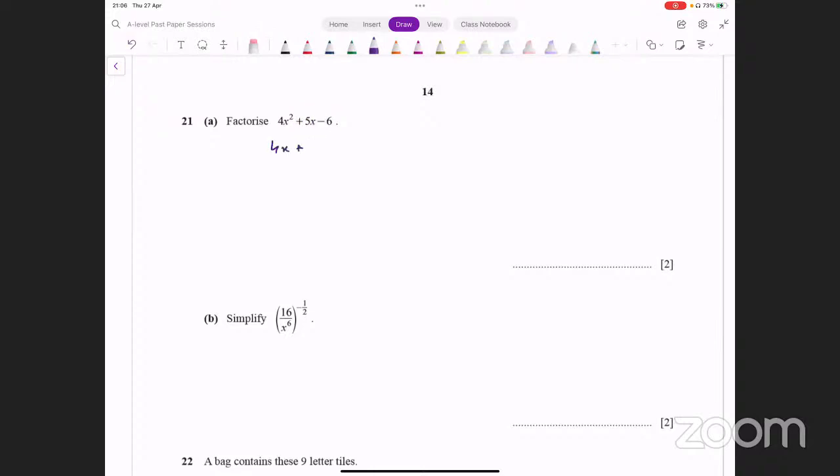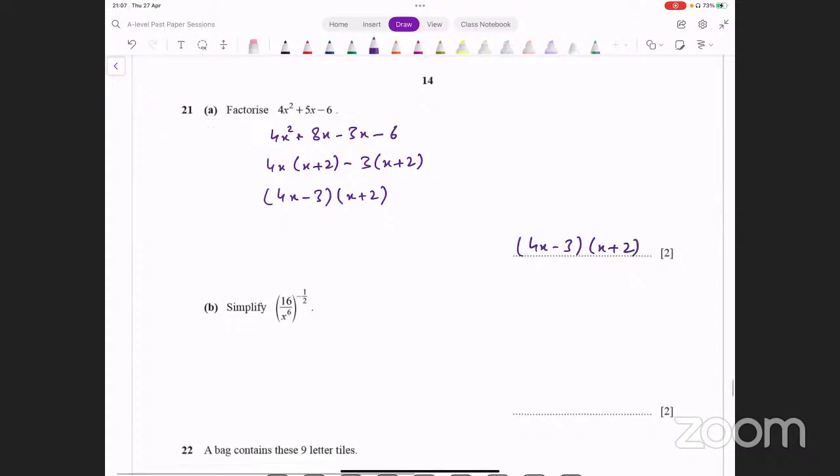So it becomes 4x squared plus 8x minus 3x minus 6, right? 8 and 3 multiply to 24, with a minus because this is minus. Now factorize it: it gives you 4x into x plus 2 minus 3 into x plus 2. The factors turn out to be 4x minus 3 into x plus 2. You write this as your answer here, 4x minus 3 into x plus 2. And that's your final answer. Okay, let's look at the next one.